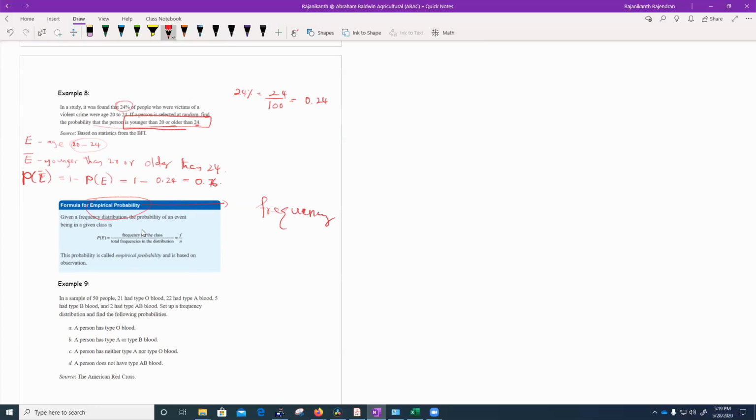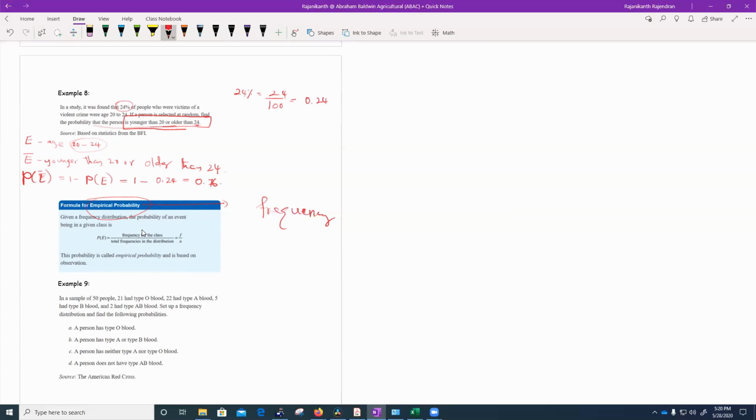Given the frequency distributions, the probability of an event E being in a given class is given by the probability of E, that is, look at the particular class frequency, then divide by the total number of outcomes, that is basically my total number of frequencies.